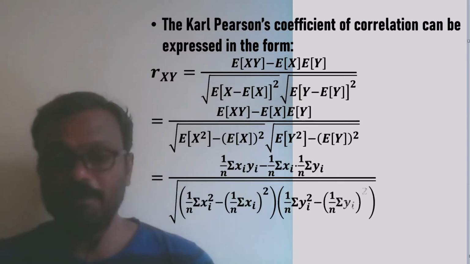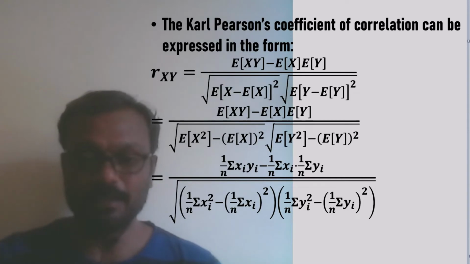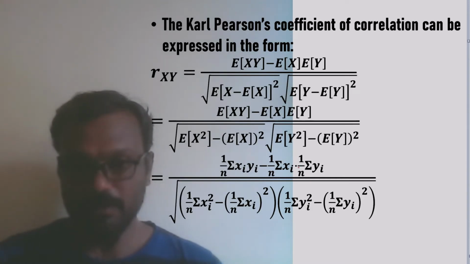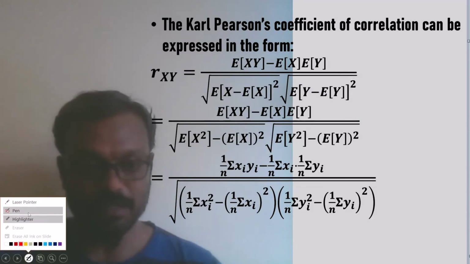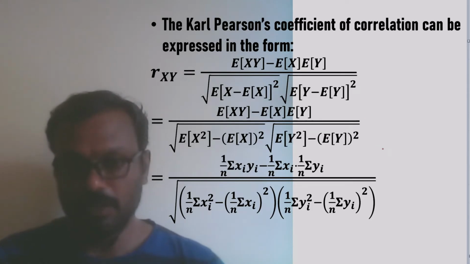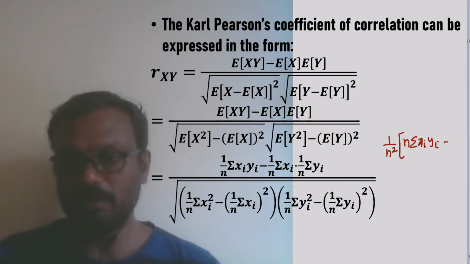And this could be even further simplified by taking the LCM. For example, in the numerator, n squared will be our LCM. So 1 by n squared into n into the sum of xi yi minus the sum of xi into the sum of yi, divided by, in the denominator also, you can pick n squared as LCM.